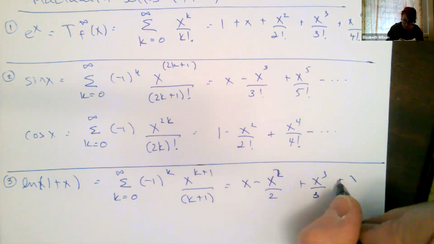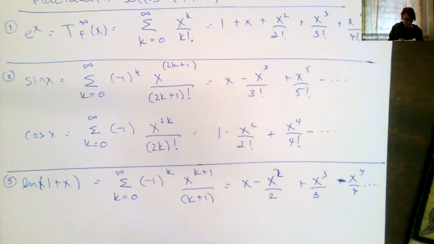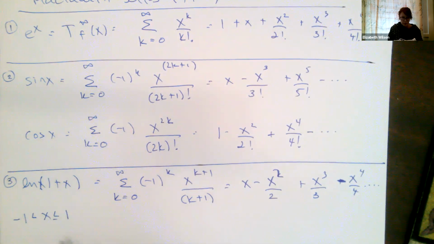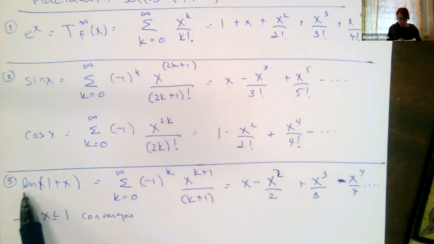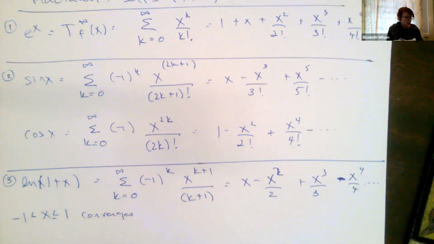Oops, sorry, that's a negative. It's x to the 4th, and so on and so forth. This is going to converge for x being between -1 and 1. So this Maclaurin series will converge to ln of 1 plus x when x is between -1 and 1, and it's going to diverge outside of that.